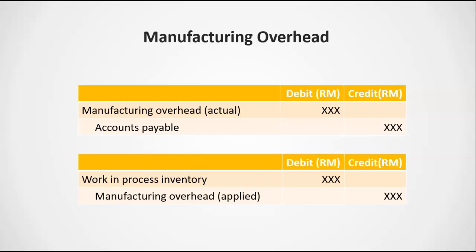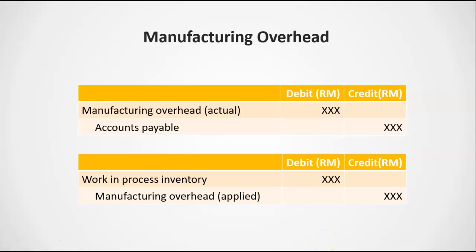So these accounts payable can be any specific related overhead accounts, yeah? And then the applied amount of manufacturing overhead is recorded as debit work in process inventory account and credit manufacturing overhead account. So you can see here, one is the actual amount on the debit side, whereas the credit side is the applied amount.